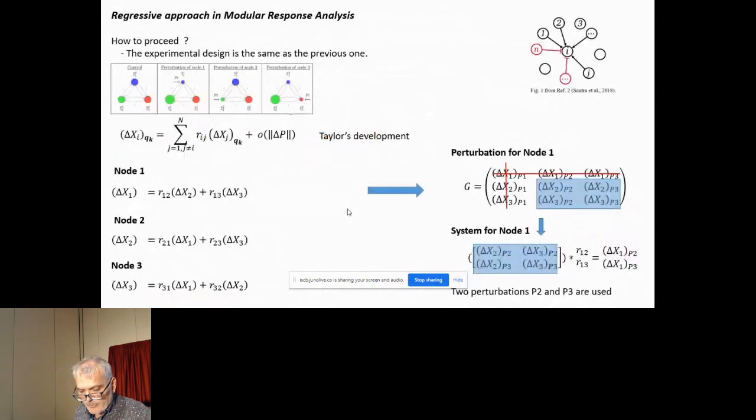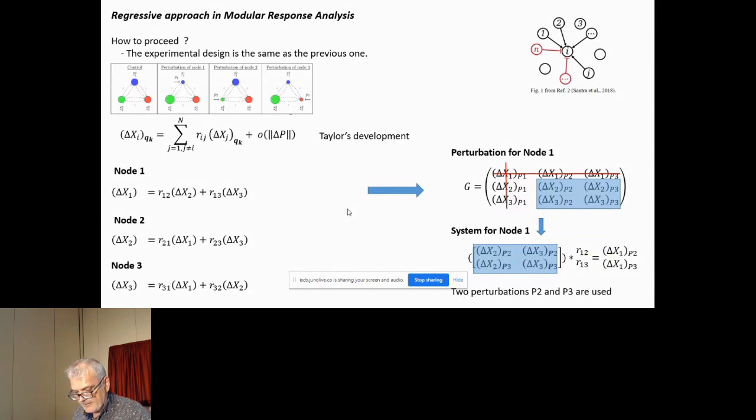For the regressive approach, the experimental design is the same as the previous one. And thanks to the Taylor development, the variation of each node X1, X2, and X3 is a multiple linear regression of the other nodes. For example, for node 1, the variation of node X1 is a combination of X2 and X3. The connectivity coefficients are the parameters of the regressions.